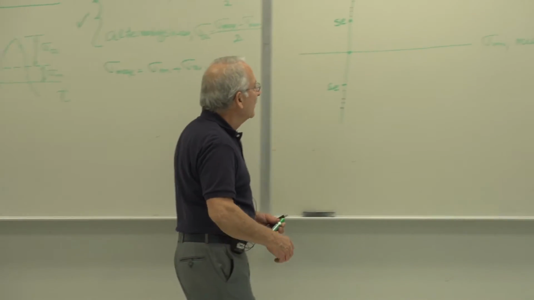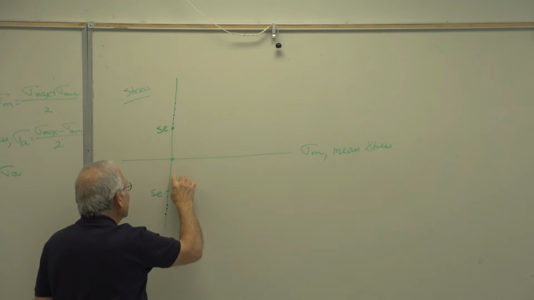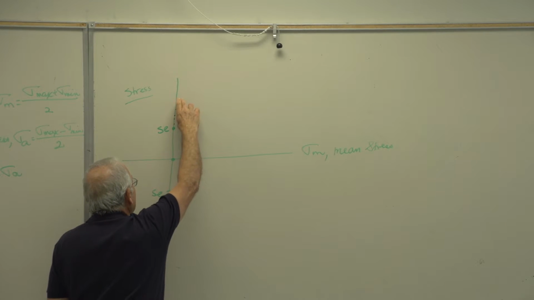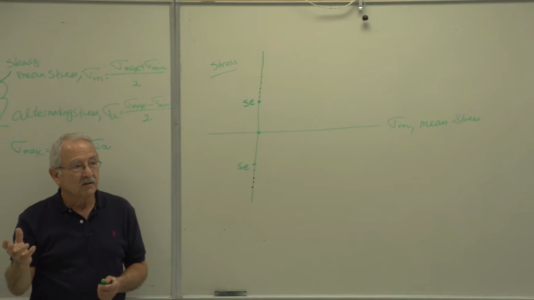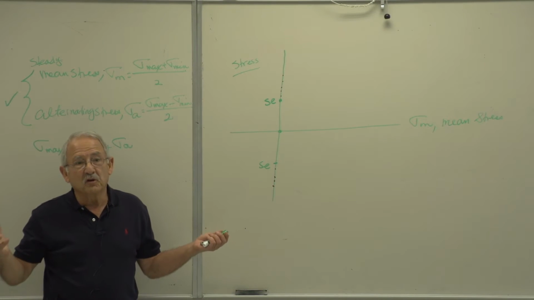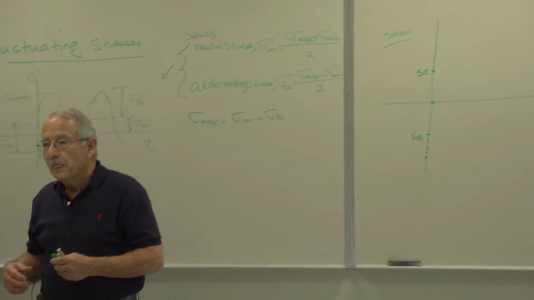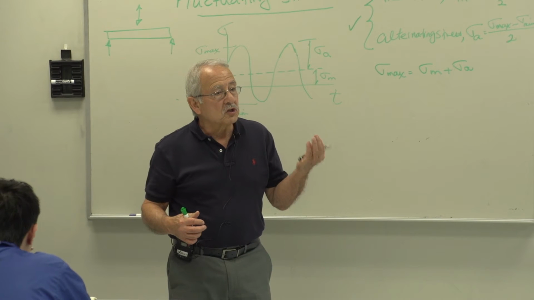So I can call this region the infinite life region, or safe for infinite life, and that region finite life, because there is no infinite life if the stress is larger than SE. Now, this is the case if the mean stress is 0.